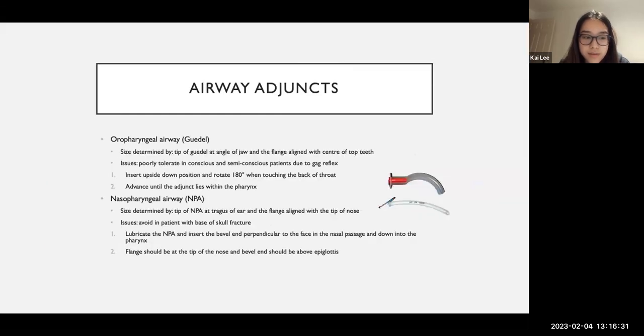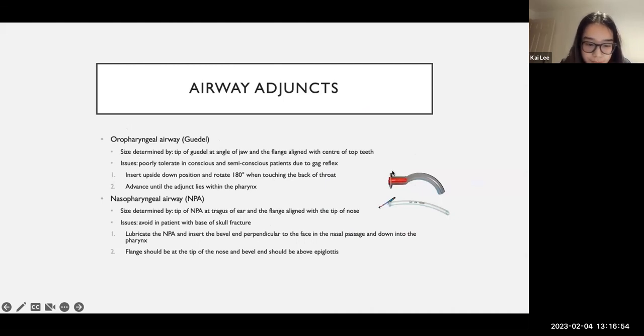If that doesn't resolve it, then we have to think of using adjunct devices. One that is commonly used is the oropharyngeal airway, also known as the Guedel. There are different sizes of the oropharyngeal airway. You can see it's the device at the top, the red one.